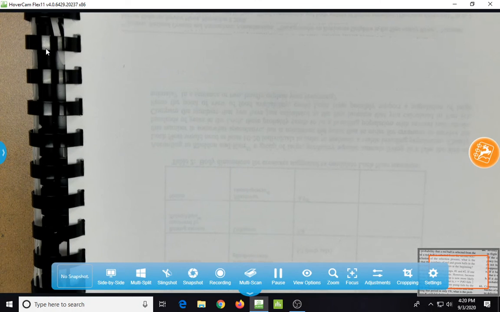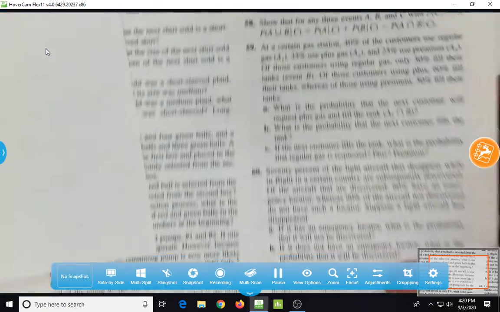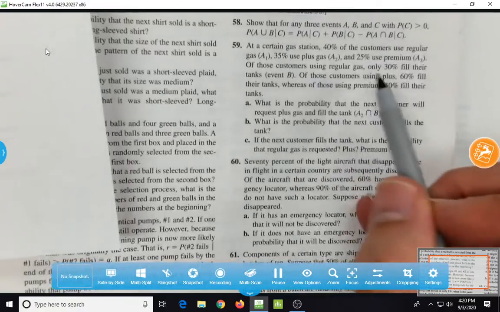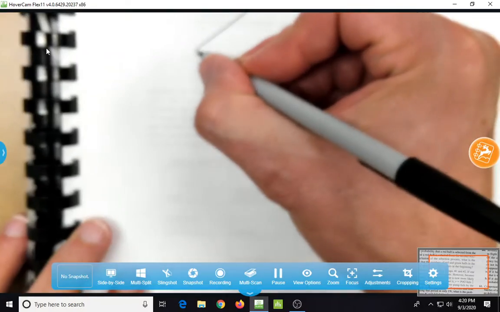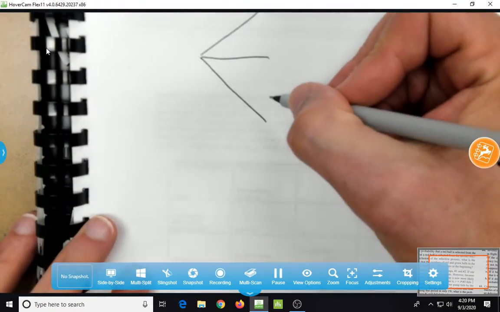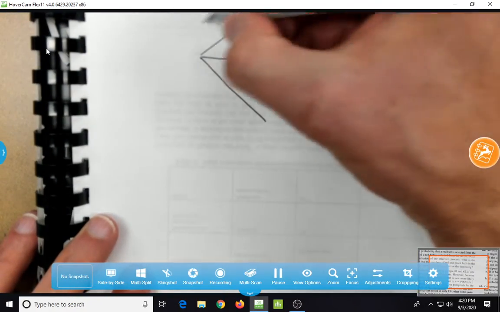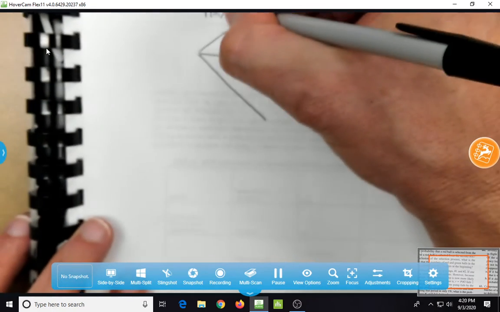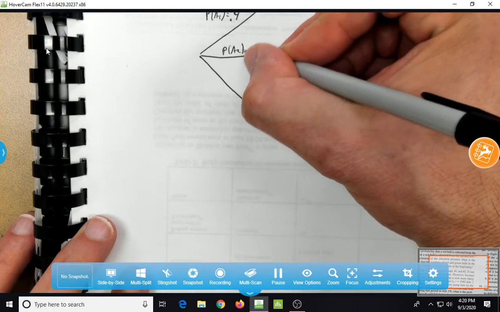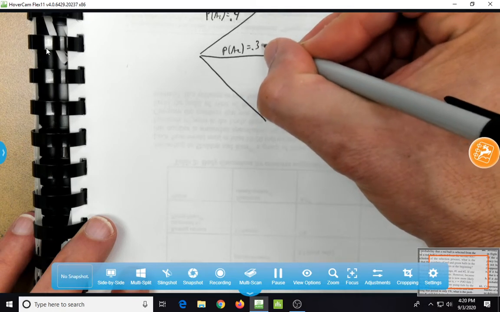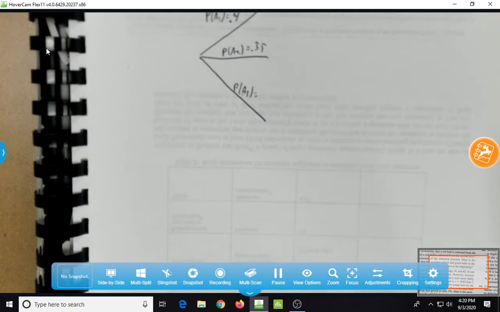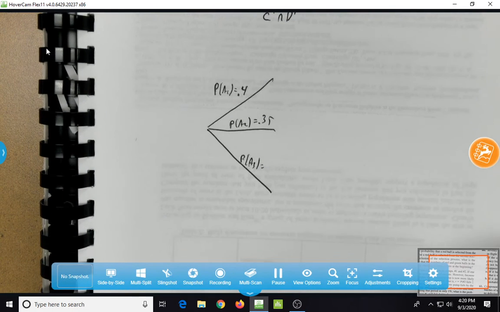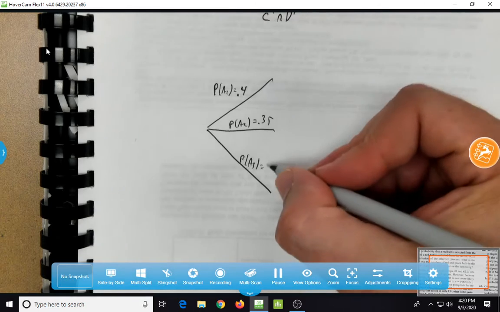We know that we have the customers using the regular, the plus, and the premium. So I'm going to make 3 branches. This first one is 0.4, that's the probability of A1. Probability of A2 will be 0.35. And the probability of A3 is equal to 0.25.